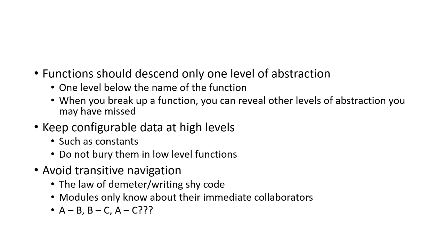To simplify, it should really only do one thing. When you have multiple levels of abstraction, so if within one function you have another function which contains another function and another, then it's really hard for it to do just one thing. So break it up so that it only goes one level deep.